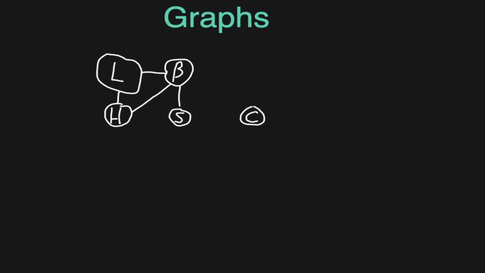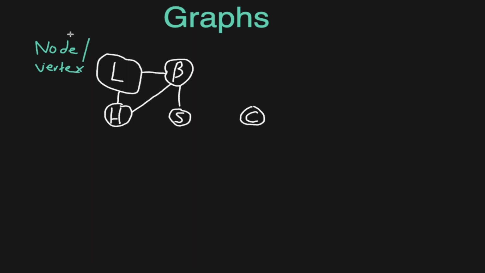So what we can say is each of these circles, or each of these friends in this case, is known as a node. It can also be called a vertex.